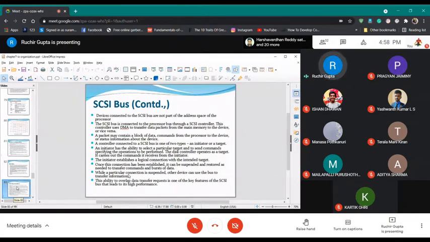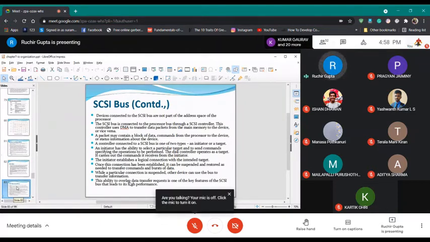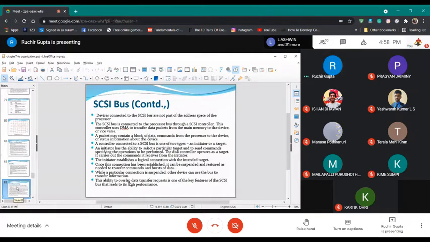For example, if a read operation has to happen where a SCSI controller is acting as initiator, when the initiator starts the data transfer, it selects the target controller and hands over control of the bus to it, and then the target starts an output operation. In response, the initiator sends a command specifying the required read operation.